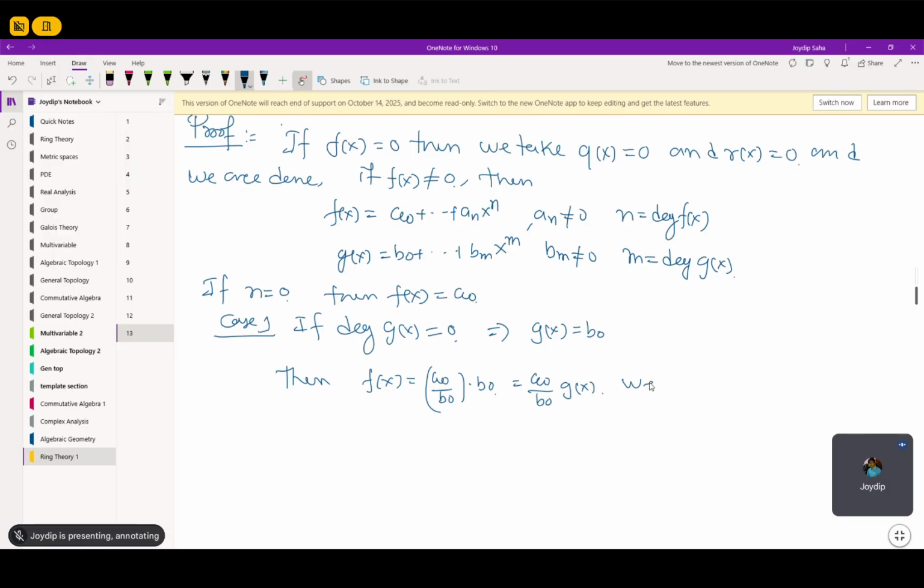Now we are done. If degree g(x) is positive, then write f(x) equals 0 into g(x) plus a0, and we are done.